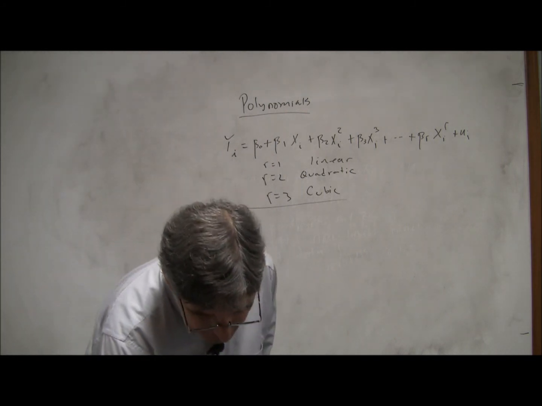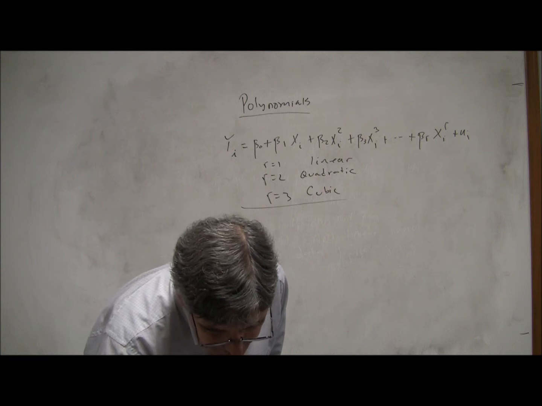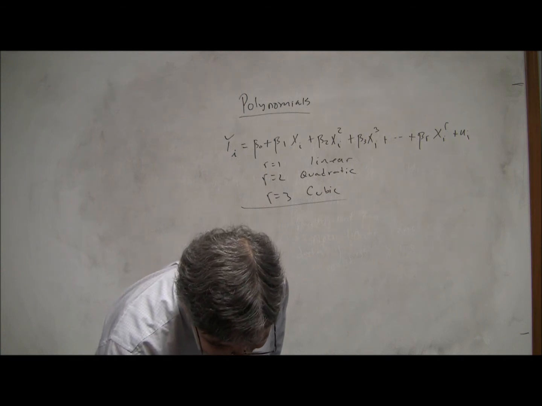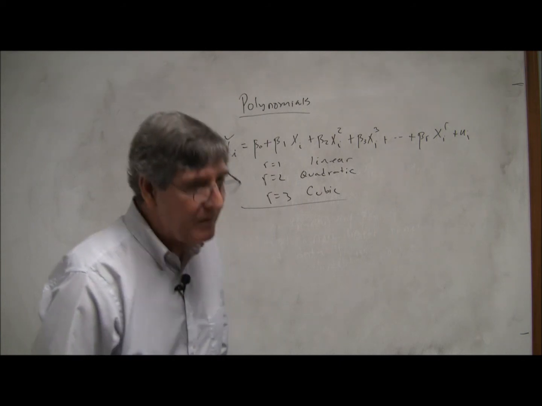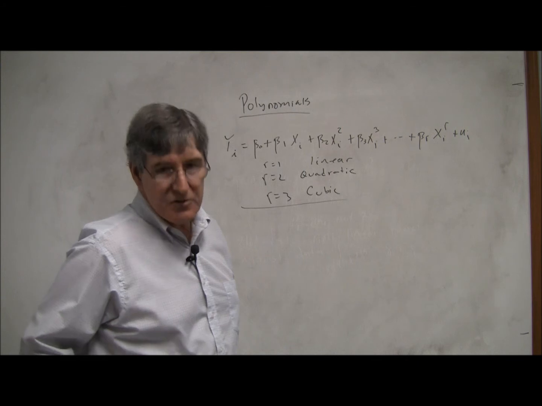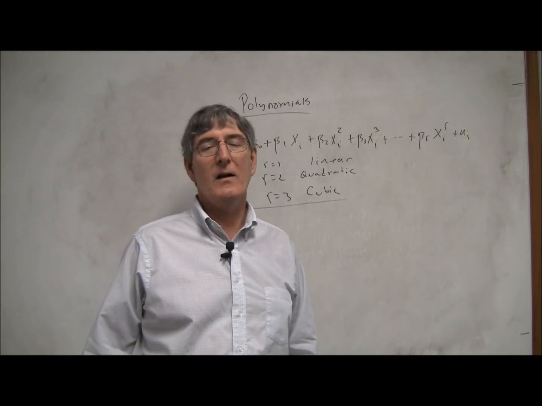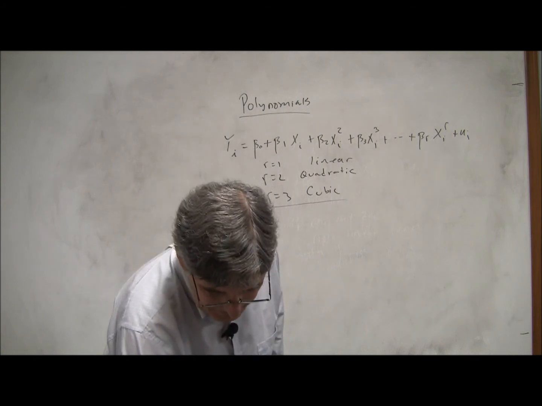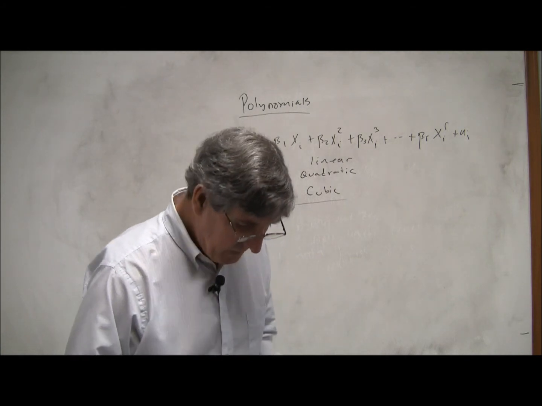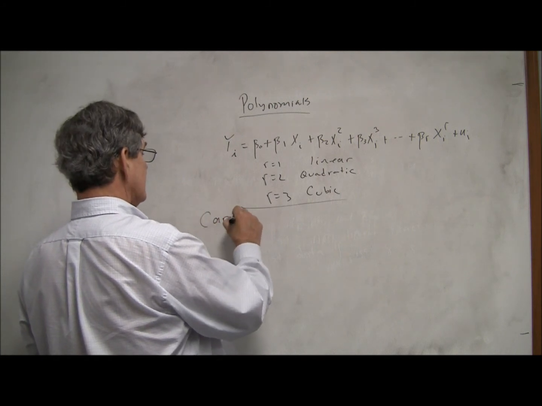And I'll talk about that in a second. I've got a whole page on that pretty much. But generally, you don't go beyond a cubic, and the reason is you don't want to do something called in-sample overfitting. And I'll come back to that. So you can estimate this with OLS.